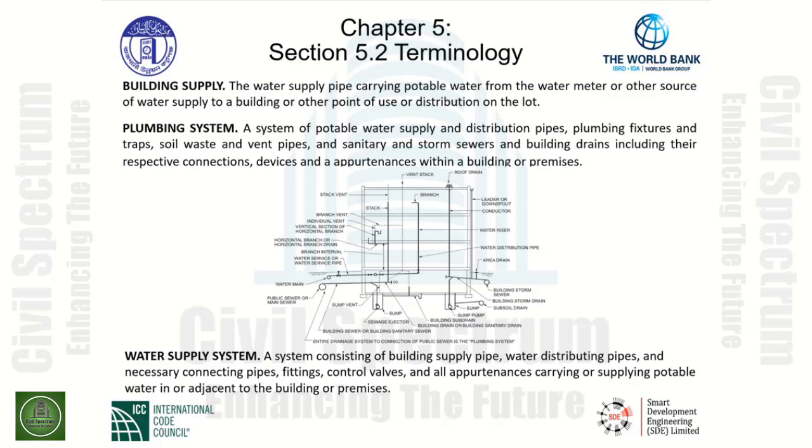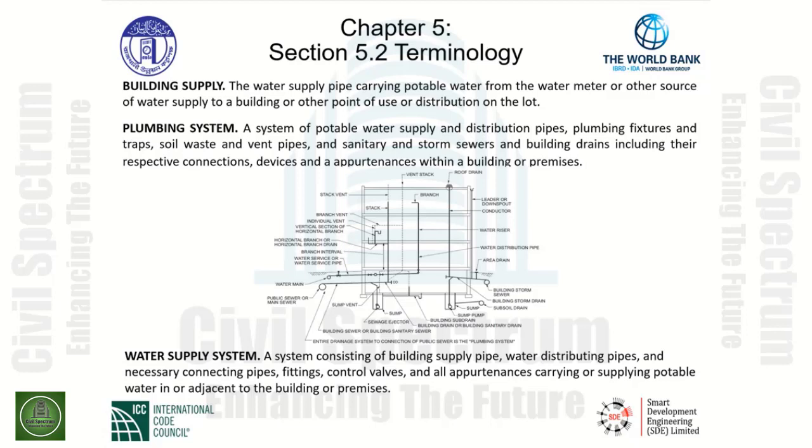So as can be seen by the definition of plumbing system, it essentially indicates the entire parts and different systems that we utilize in our building, from not only water supply and distribution piping to the sanitary and storm drainage system as well. The last definition is water supply system in this particular slide.